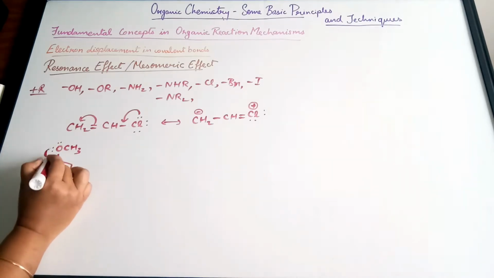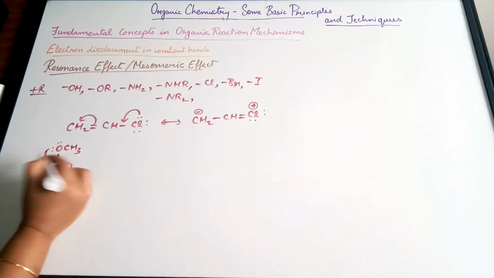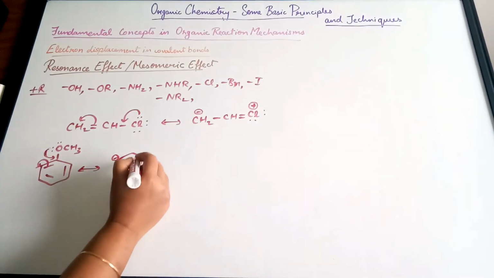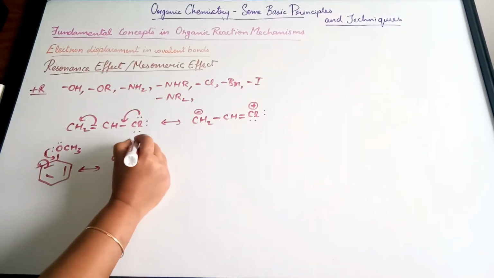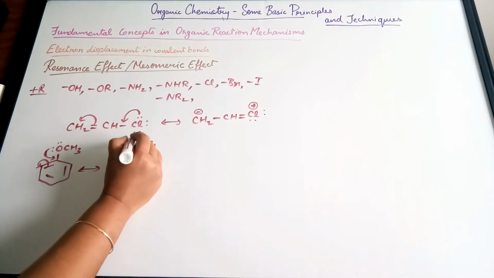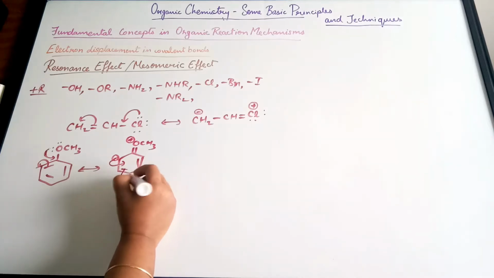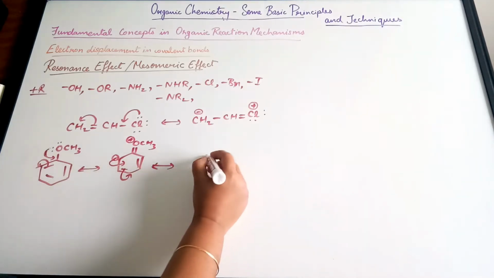And this is shifting here, and then here you'll have a negative charge, the double bonds stay in the same places, and OCH3 where oxygen will have a positive charge. Now this shifts, and then this towards the fourth carbon atom.